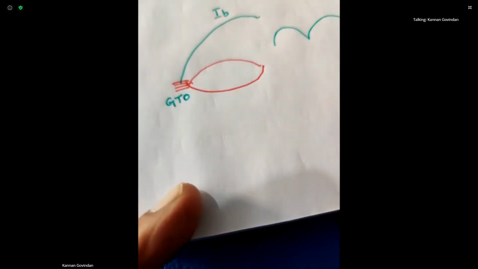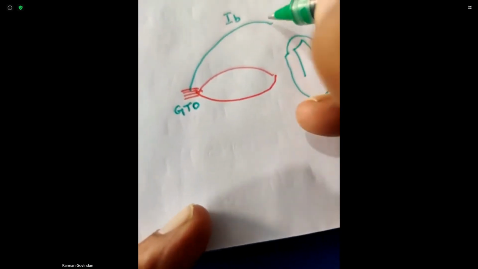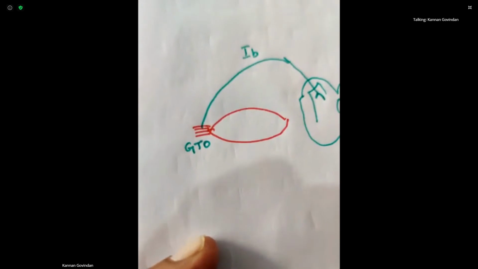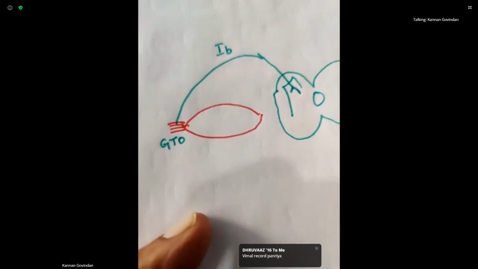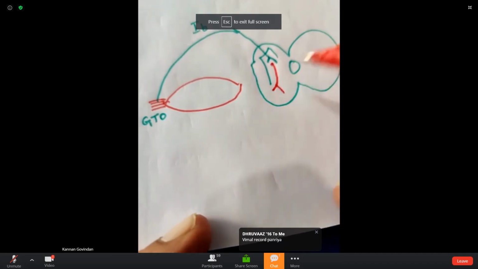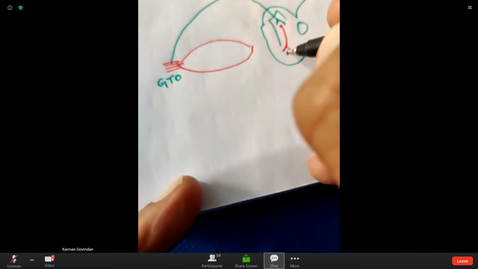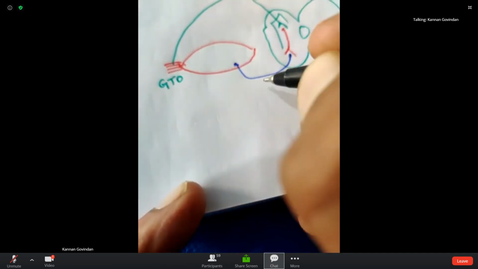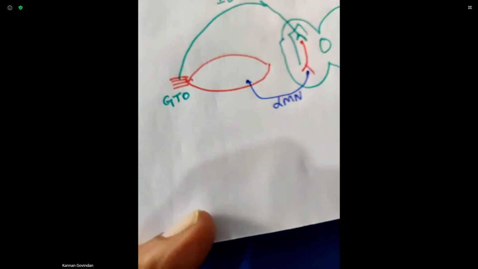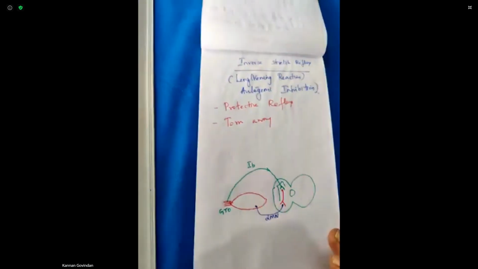This 1B afferent comes and ends in spinal cord. In the spinal cord, it ends on an inhibitory interneuron. This inhibitory interneuron ends on alpha motor neuron. Okay, this is the circuit for inverse stretch reflex.